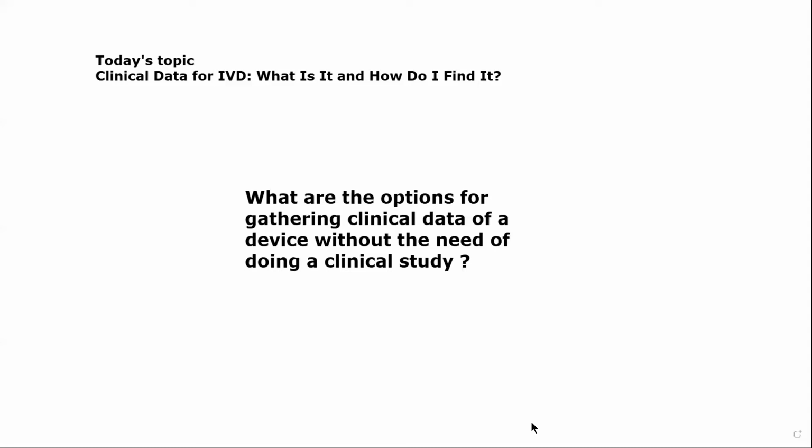So if there hasn't been any data published on your device in a clinical setting, that will necessitate some source of clinical data. So really you're relying on anything that you can identify in published literature through systematic literature review as going to be your primary data set.